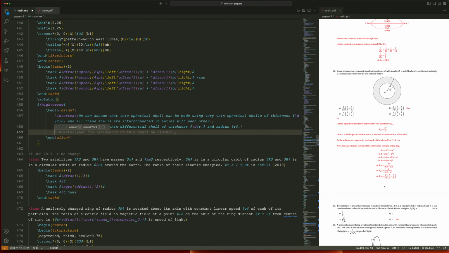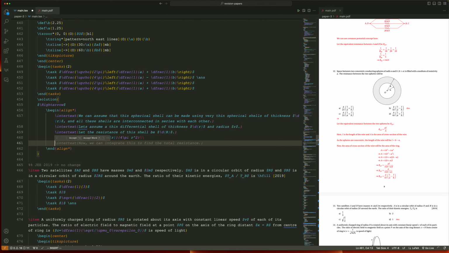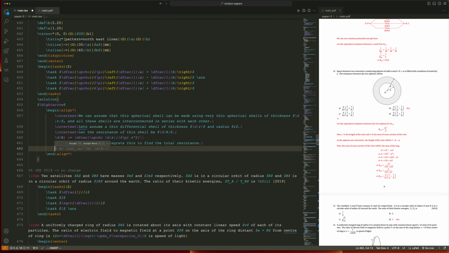So now we can find the resistance of this, which is dR. Yes, it's all right. Then dR will be rho dr over 4 pi r squared. Yes, absolutely fine. Now integrate this to find out the total resistance.